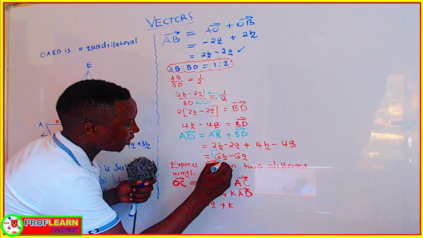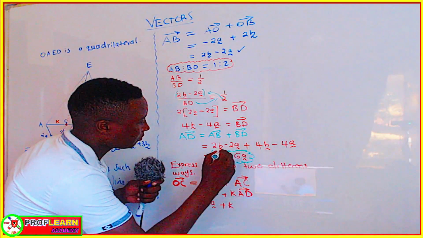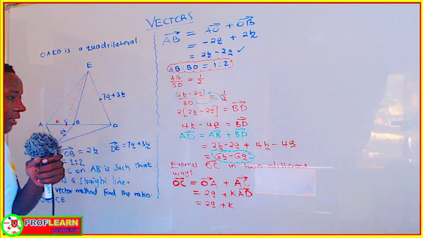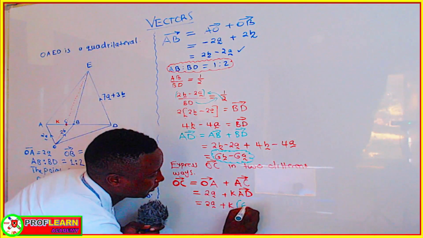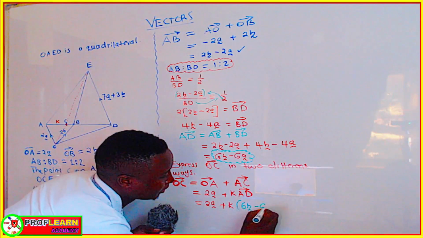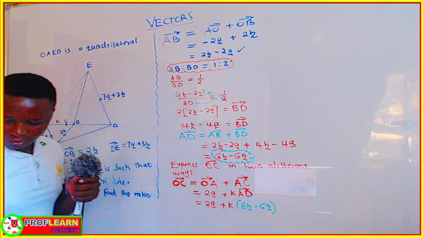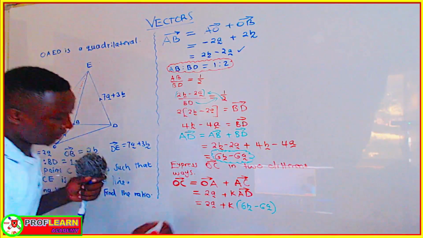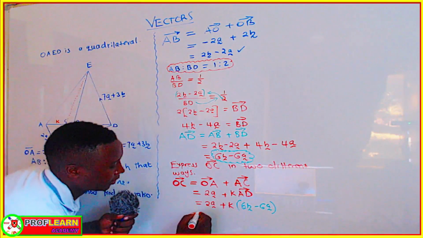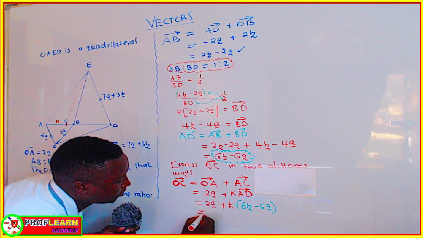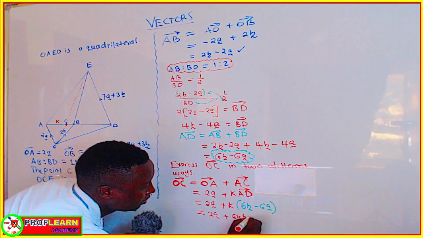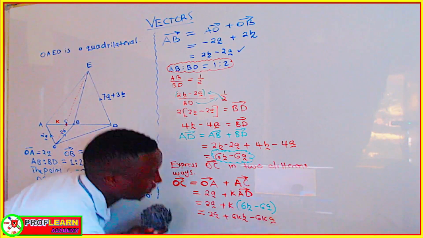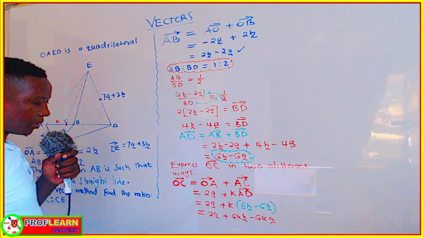Our AD is 6B minus 6A, which is 6 vector B minus 6 vector A. So if we open the bracket and put the like terms together, this is 2 vector A plus 6K vector B minus 6K vector A. This is what it's going to become.